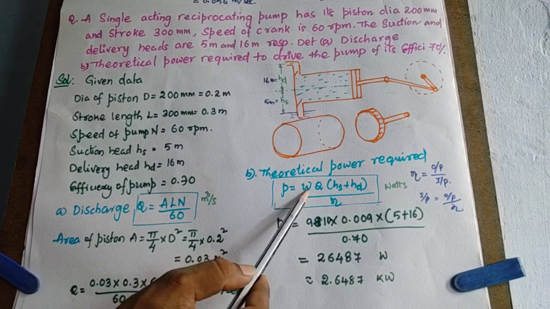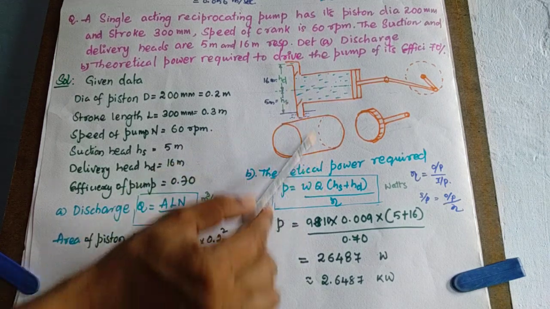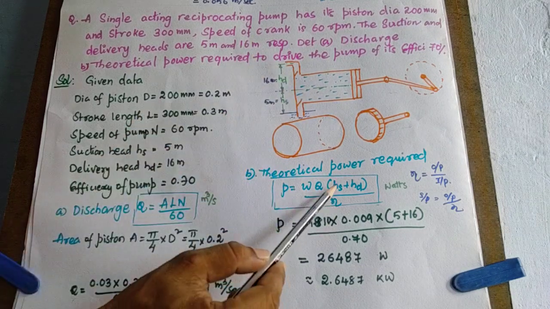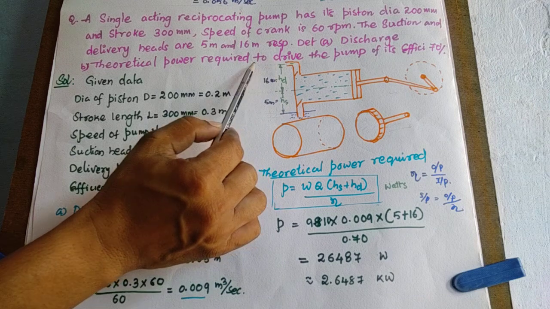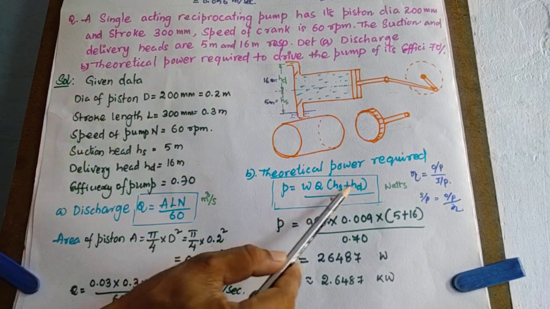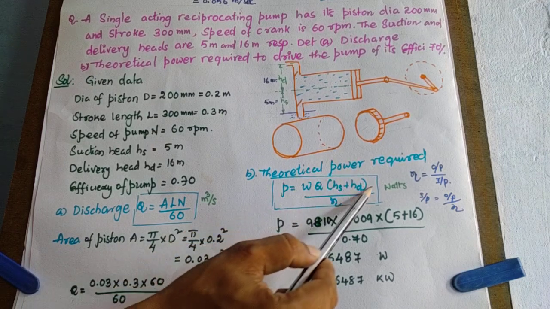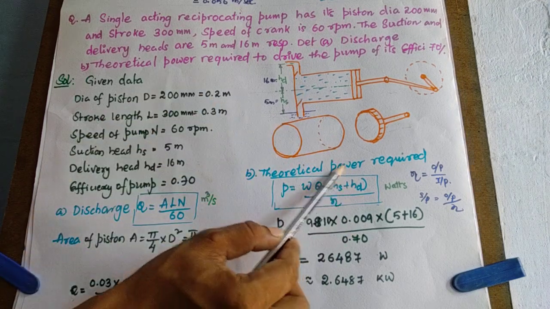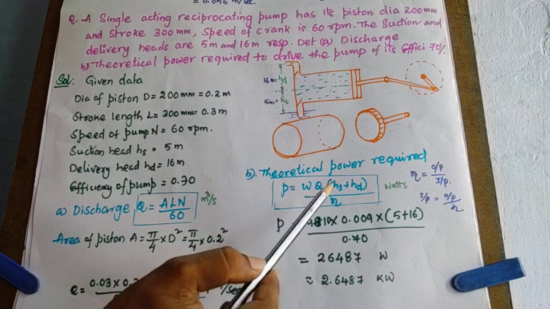Here W is the specific weight of the water, Q is the flow rate through the pump, and H is the height lifted by the pump, that is the manometric head. This is the output power of the pump, and dividing by the efficiency gives the power required for the pump.